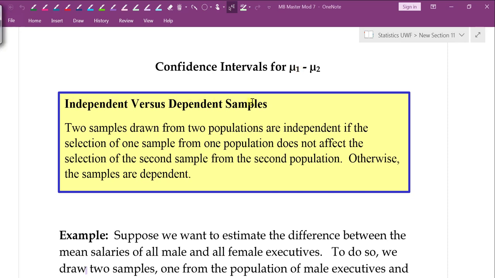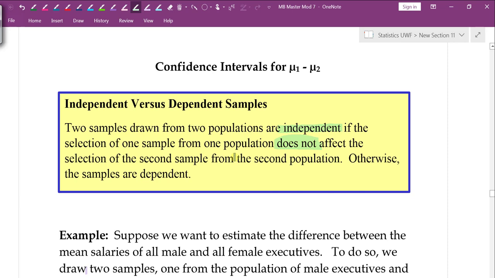Independent versus dependent samples. Two samples drawn from two populations are independent if the selection of one sample from one population does not affect the selection of the second sample from the second population.